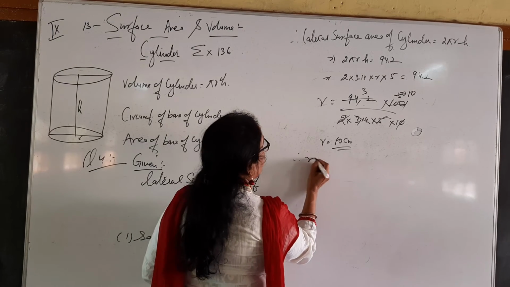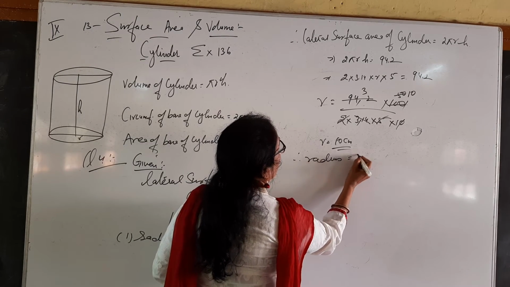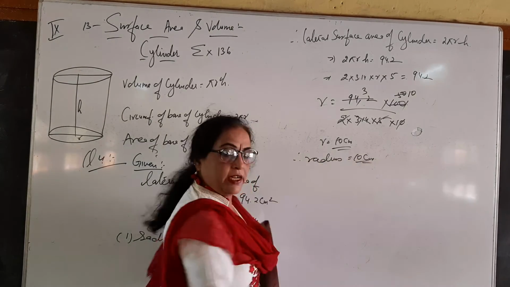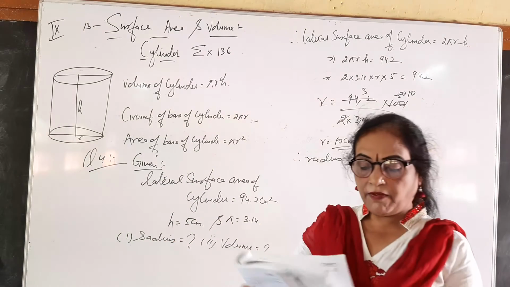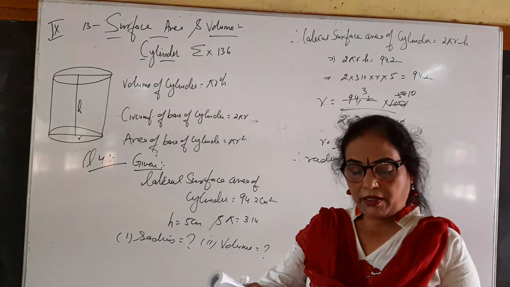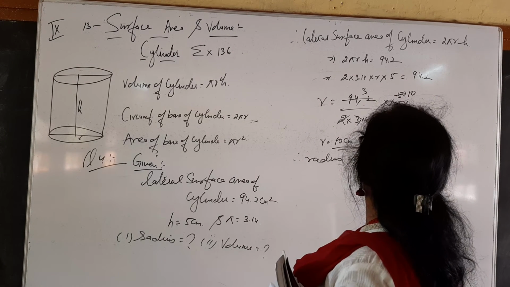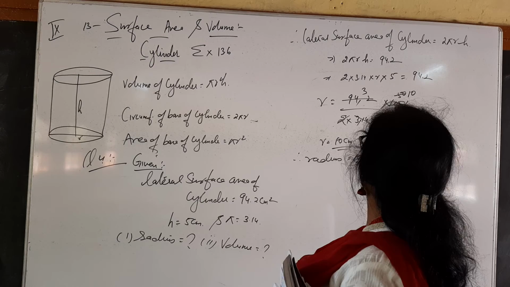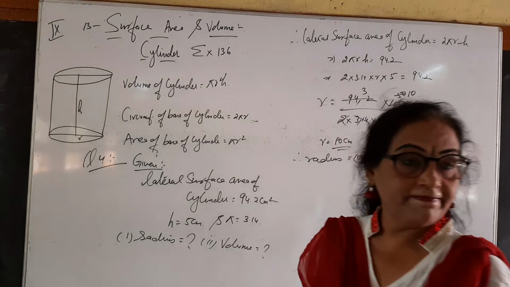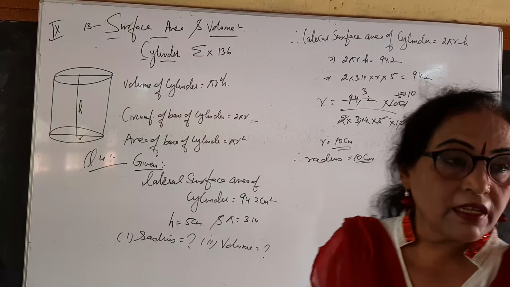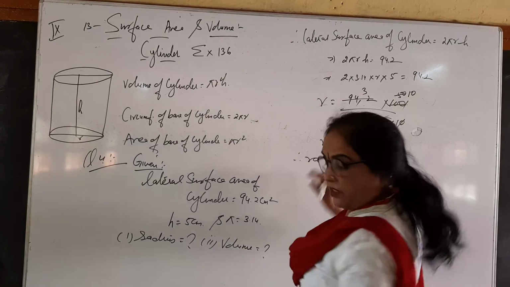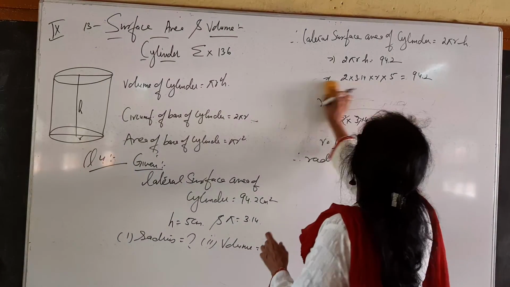Therefore radius equal to 10 centimeter. Then further we have to find the volume. Here something went wrong, so simplify this first.